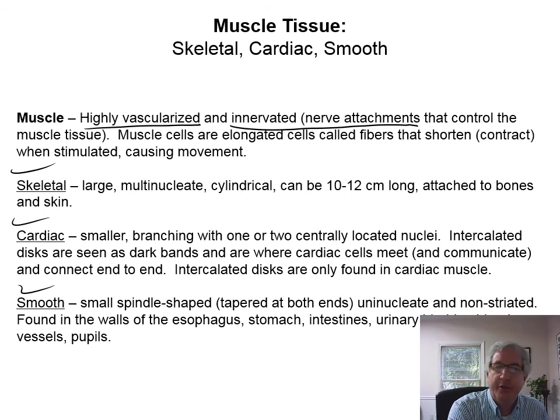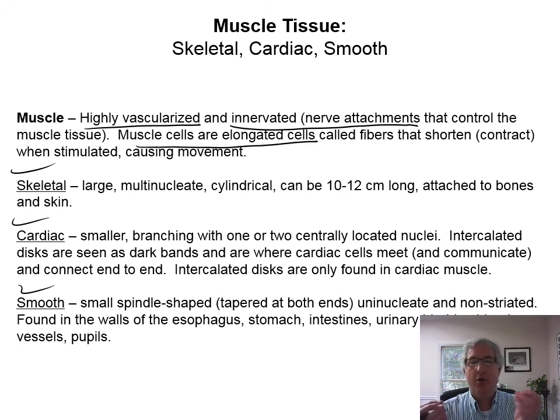Muscle cells are elongated, long cells. And a little unfortunate terminology, but they are called fibers. Okay? So a long muscle cell is called a fiber. It shortens, it contracts when it's stimulated.